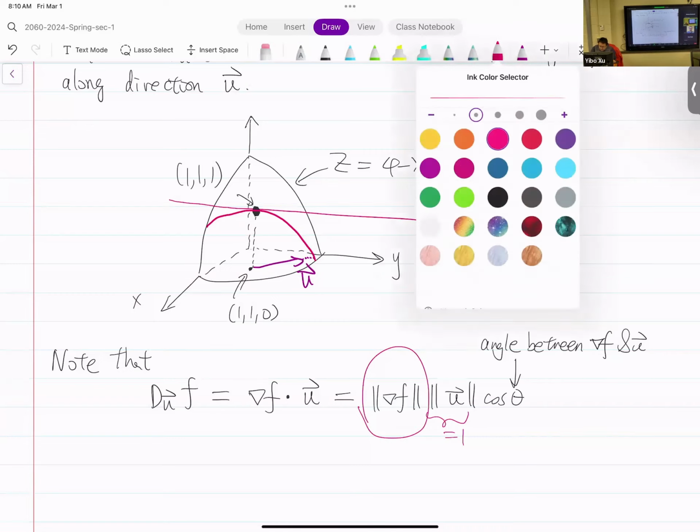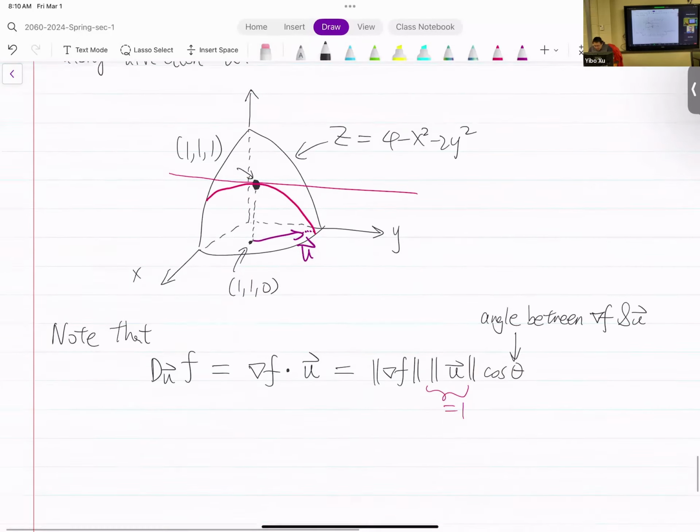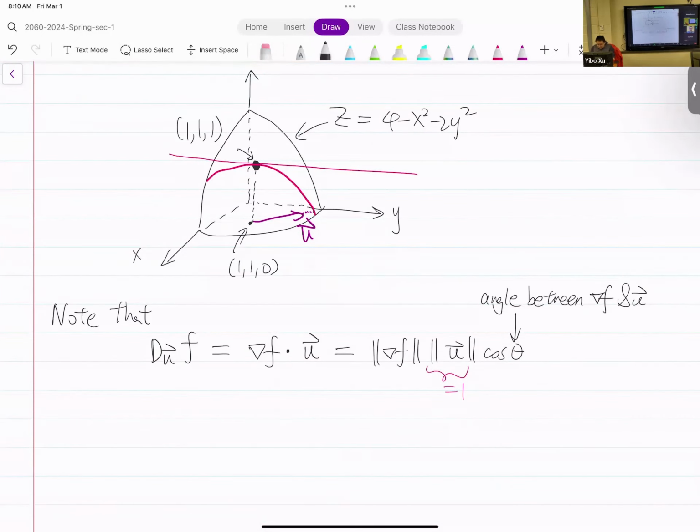So the only thing that's changing if you change u is the cosine value, right? So this tells you, if the angle theta between the gradient and this vector u is zero, then we have a maximized directional derivative.